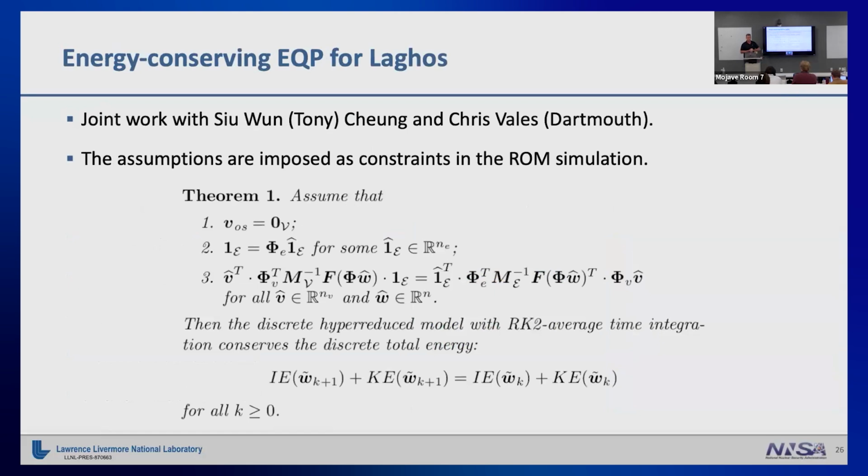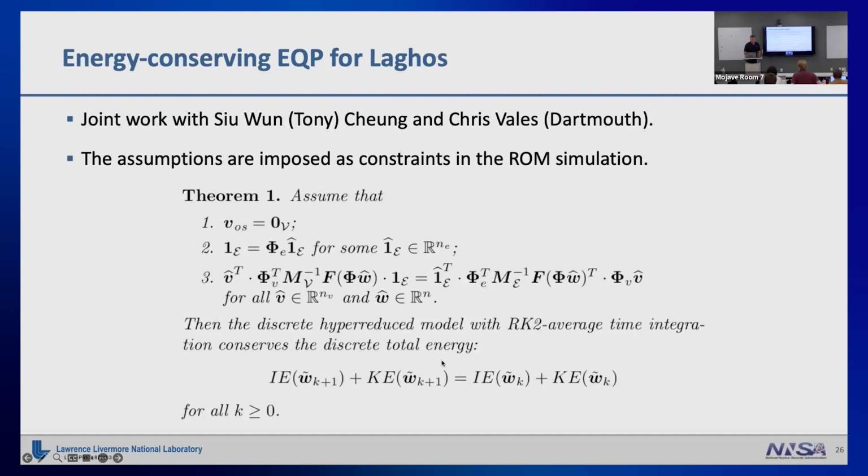Finally, if you use any of these bases and these quadrature rules, there is some error incurred, and one side effect of the error is that energy conservation is no longer maintained. It's well known that the RK2 average scheme for Laghos conserves the discrete total energy exactly. But that's not true once you introduce ROM.